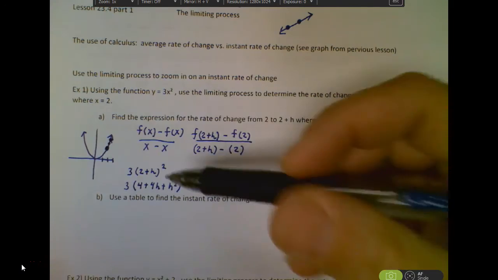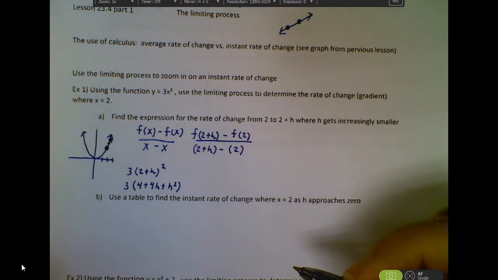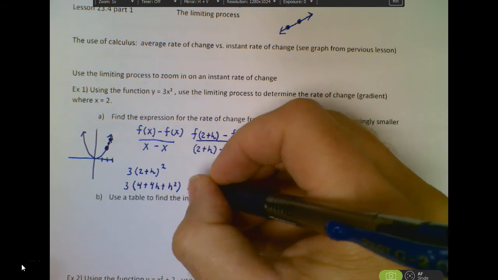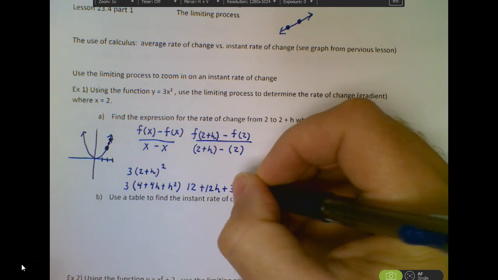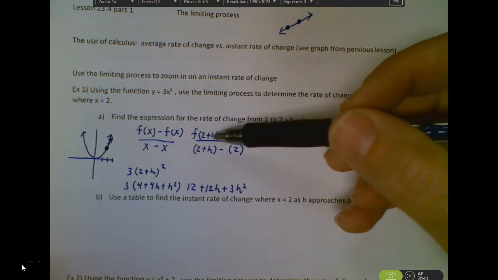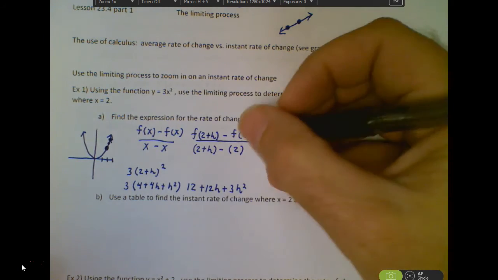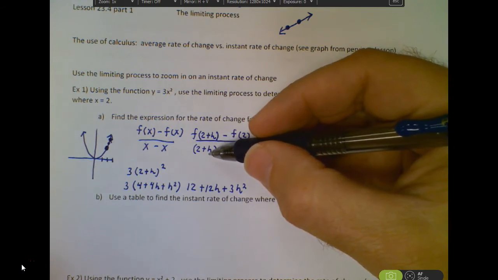All right, if I were to expand this and FOIL it, and then I'll distribute the 3, that's going to give me 12 plus 12h plus 3h squared. And so when I plug in 2 plus h into that function, this is what I get out of that. So this is the y coordinate for that x coordinate.